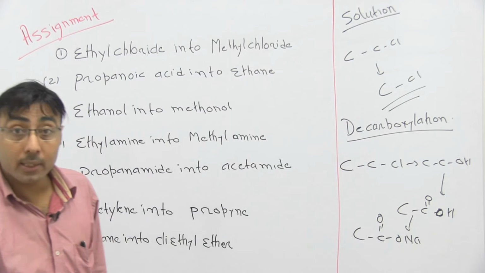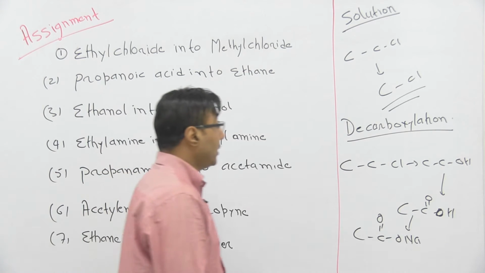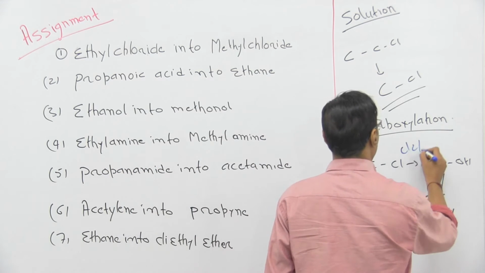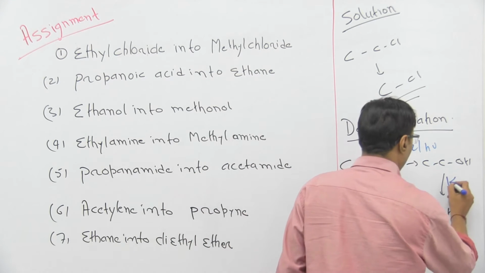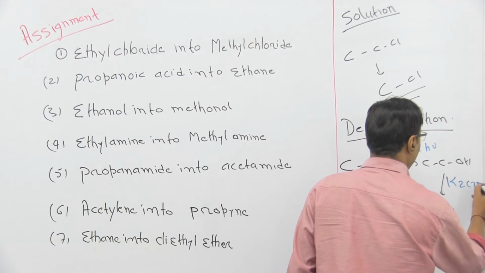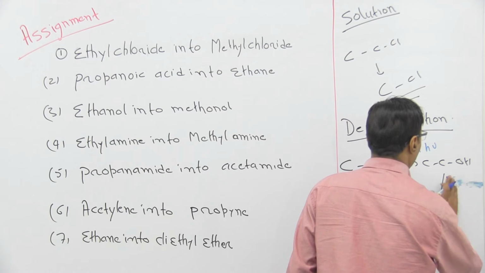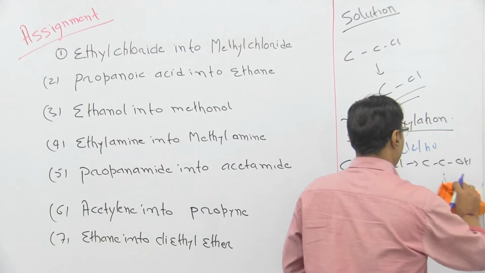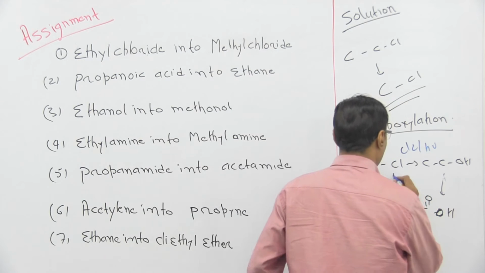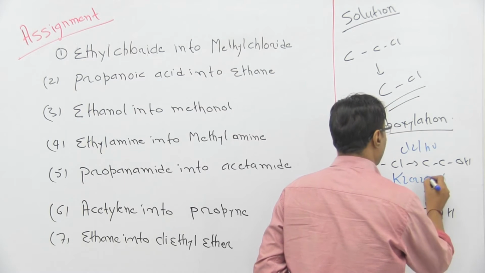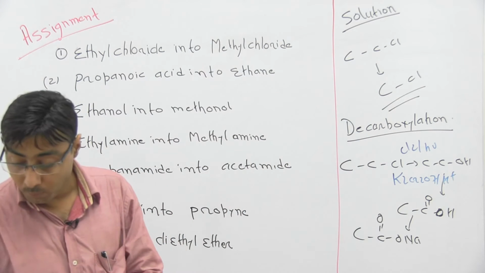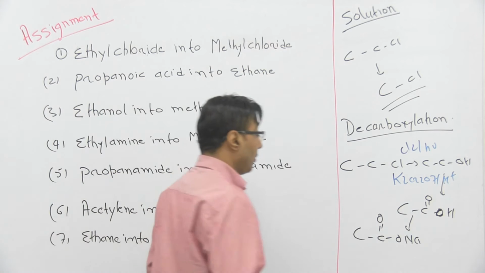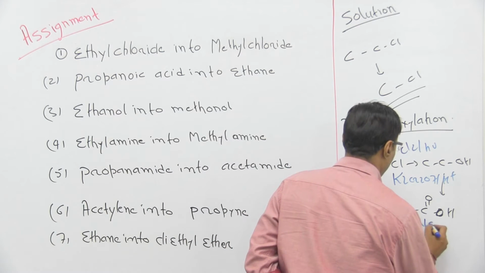And I hope you know the reagent. What's the reagent here? Cl2 in presence of HNO. What is the reagent here? K2Cr2O7 or KMnO4. K2Cr2O7 in presence of H positive. Here we are taking the sodium salt.